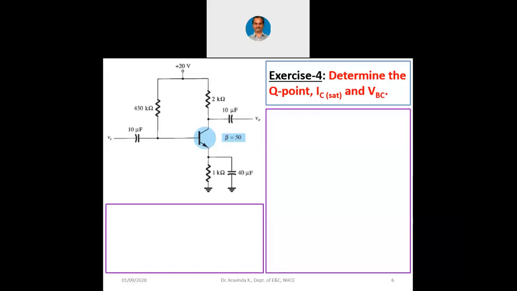Quickly substitute these values and tell me the value of IB. Then multiply it by beta and tell me the value of IC. Later on apply the formula VCE equals VCC minus IC into (RC plus RE). You will get the value of VCE, so determine the Q point. Later on I will tell you how to find out IC sat.